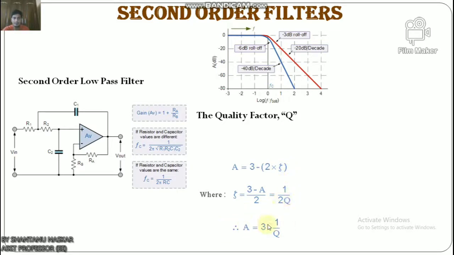So A equals 3 minus 1 by Q. Then we can see the filter gain A for a non-inverting amplifier configuration must lie somewhere between 1 and 3, and the damping factor zeta between 0 and 2. Therefore, a higher value of Q or lower value of zeta gives a greater peak to the response and a faster initial roll off rate.